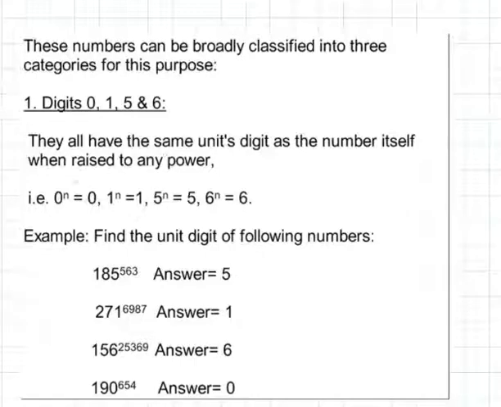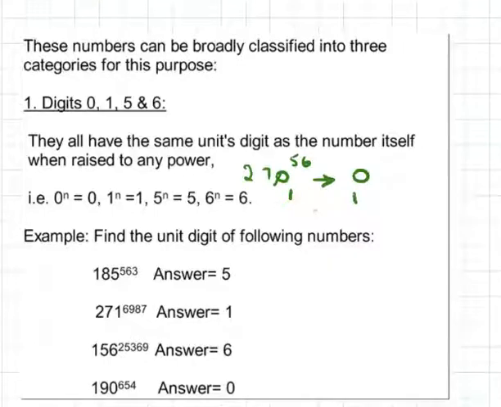Here you can see that 0 to the power n is always going to be 0. So for any number like 270 to the power 56, you know that the last digit is definitely going to be 0. Why 0? Because the last digit to the power of whatever it is, is going to be 0. The same thing applies to 1. Instead of 0, if I change this to 1, it's going to be 1.